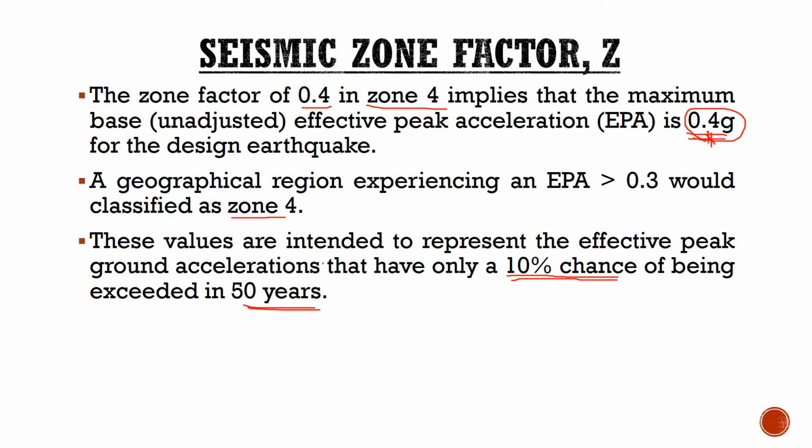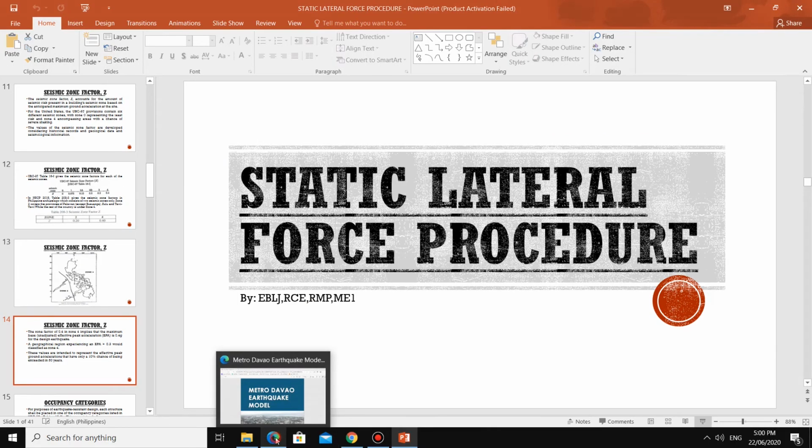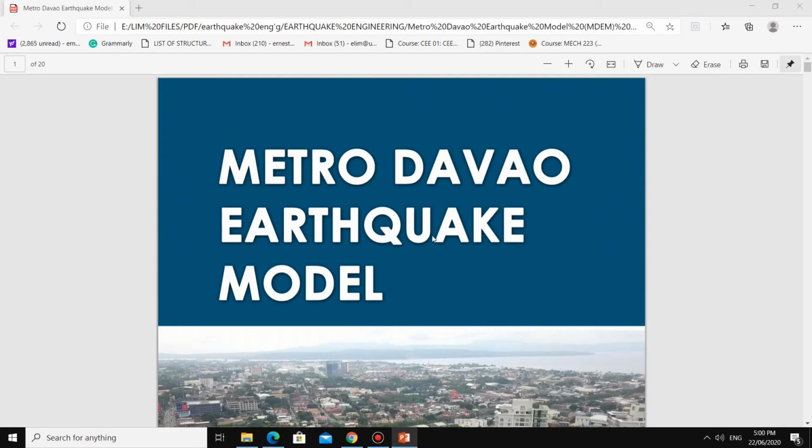Okay, so this 0.4, guys, seems no longer applicable now because of the update made by PHIVOLCS. Let me show you. Okay, so we have this Metro Davao earthquake model, guys.